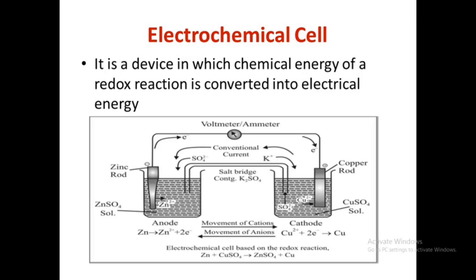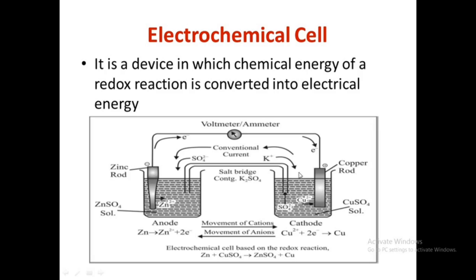Now if we consider the zinc electrode, then the Zn2+ ions are coming into the solution from the zinc rod. That means the solution is becoming positively charged, because initially the Zn2+ and SO4 2- ions are equal, but now since Zn2+ ions are increasing due to dissolving of the zinc rod, the solution becomes positively charged.